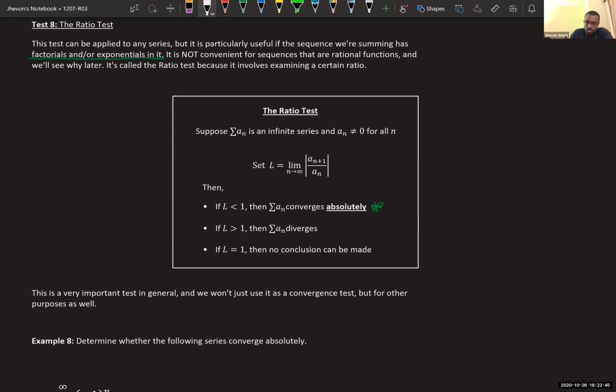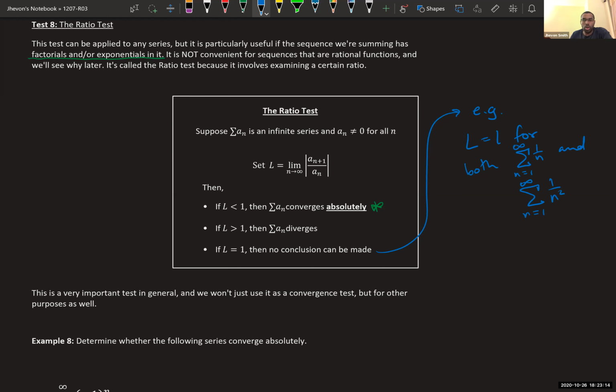So for example, L equals 1 for both the harmonic series and 1 over n squared.